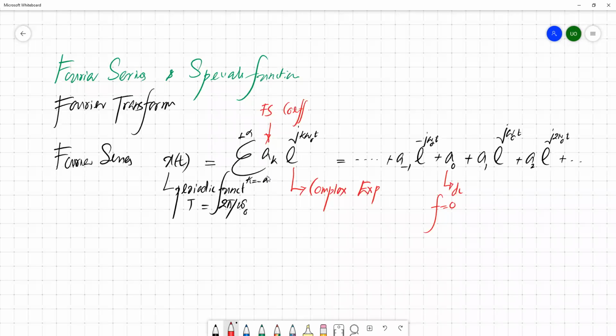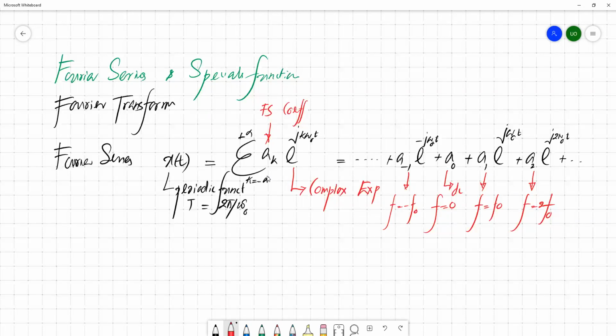Then this is the frequency f naught, this is the coefficient at 2f naught, and this is the coefficient at minus f naught. Once we expand this infinite sum, we have these individual terms.